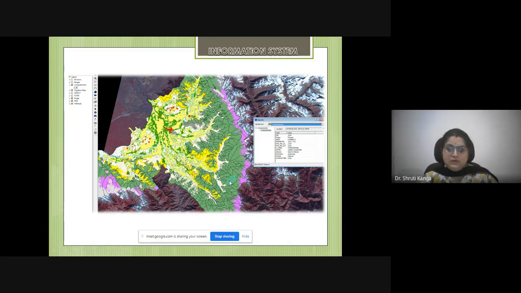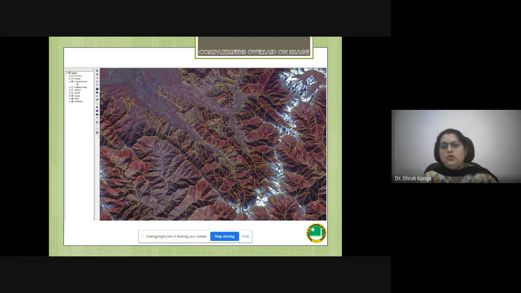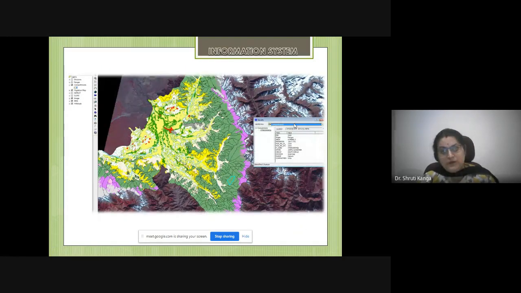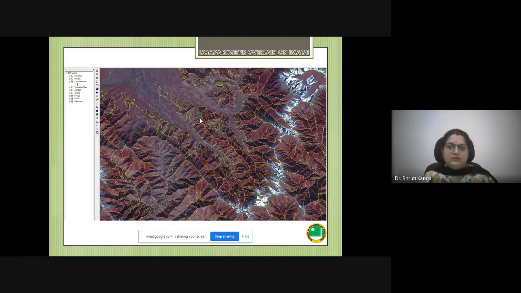From this drop down, I can select compartment. If I click compartments, all the compartment boundaries will be highlighted. If I click range, the range will appear. So whatever the need, I will select that, and I will get the complete information about it.